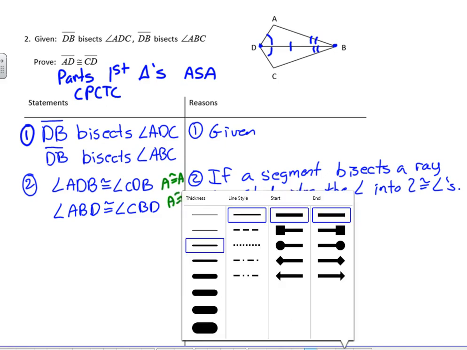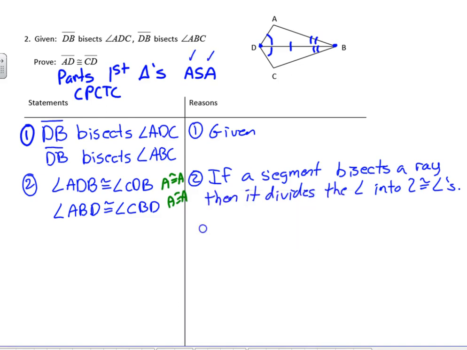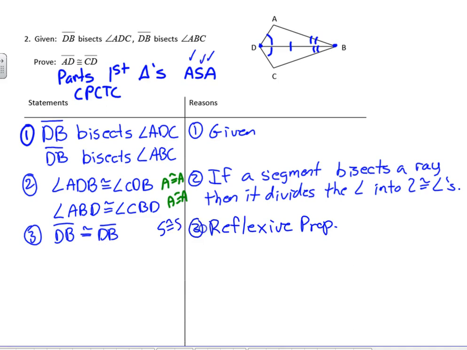Our plan was to do angle side angle, so we need to get the side. How do we do that? That's our freebie by the reflexive property. So DB is congruent to DB. That's our side congruent to a side. Now that unlocks us the ability to say that the parts are congruent. So AD is congruent to CD, and the reason is corresponding parts of congruent triangles are congruent.